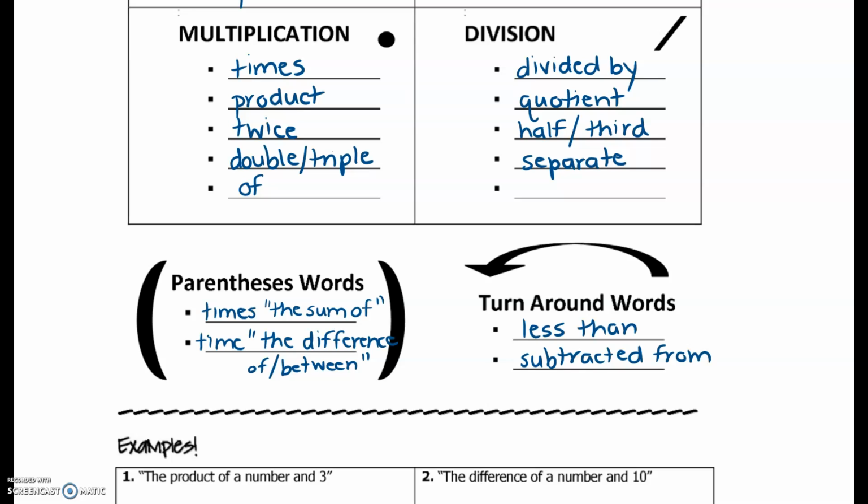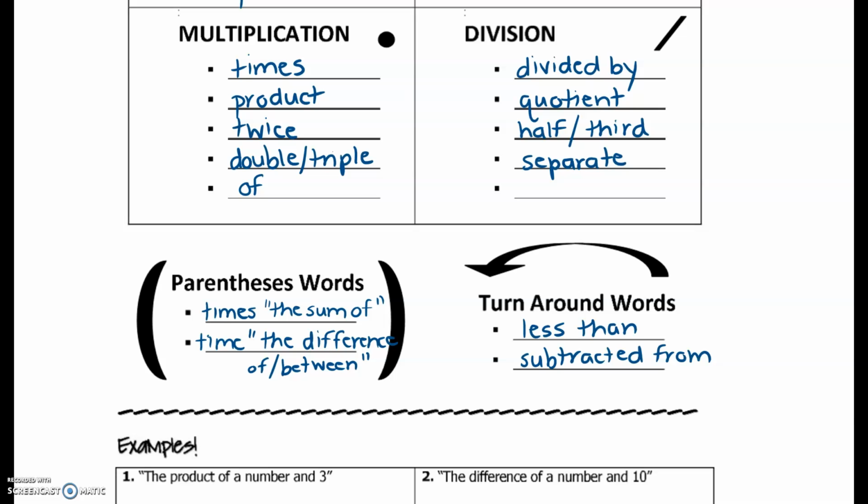For example, if I say 6 less than a number, some of us might think that the 6 should come first because that was given first in the expression. However, when less than is the phrase that is used, we will actually turn it around and the variable would come first and the 6 would come last. And you'll see this in some of our examples as we work through some of the problems in this assignment.